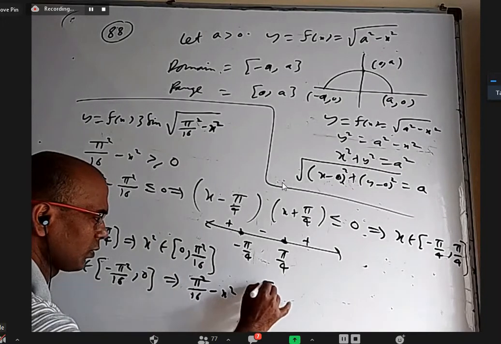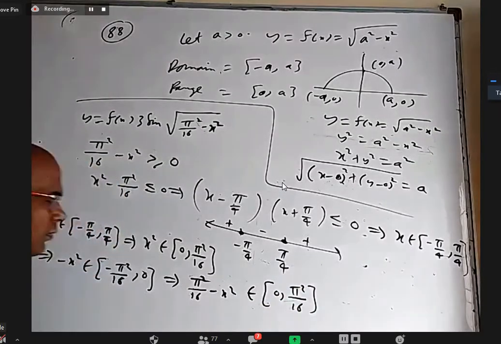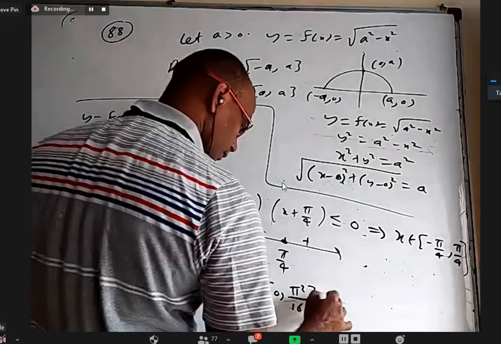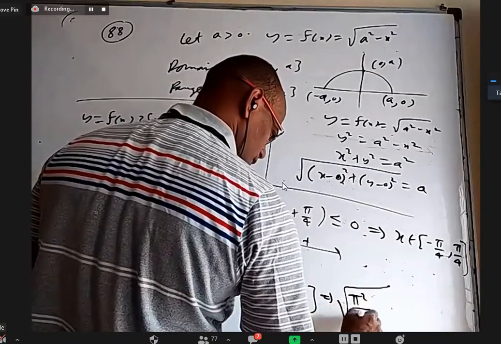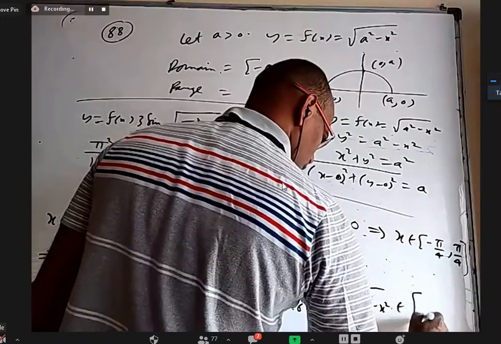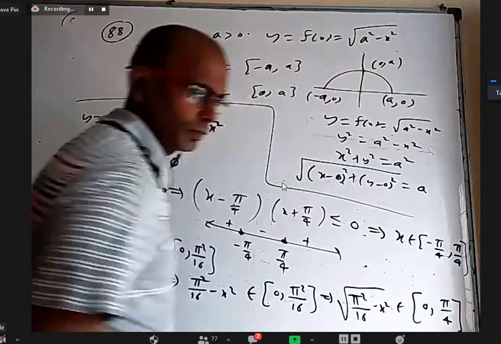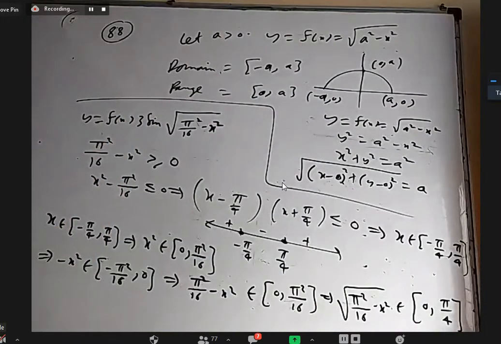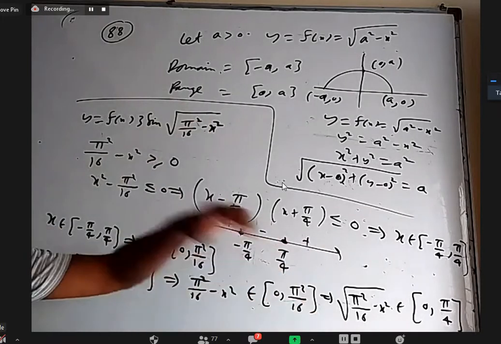That will belong to 0 to pi square by 16. When I take the square root of that, that will belong to 0 to pi by 4. Okay. So basically I just proved, including the square root, it is between 0 to pi by 4.